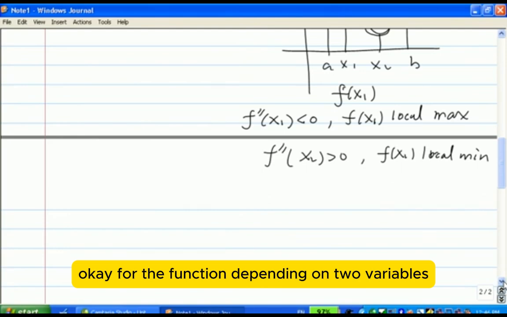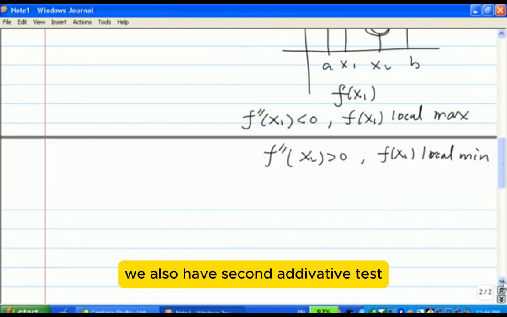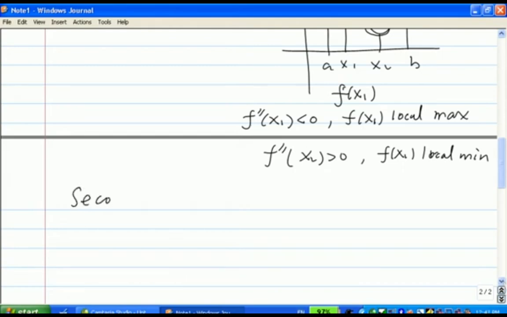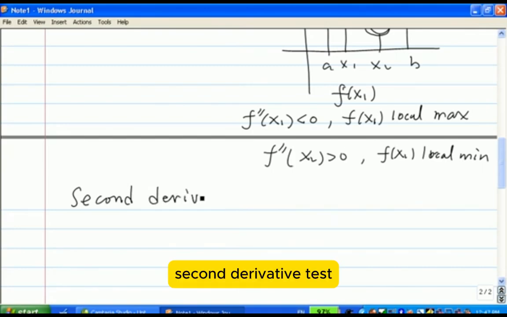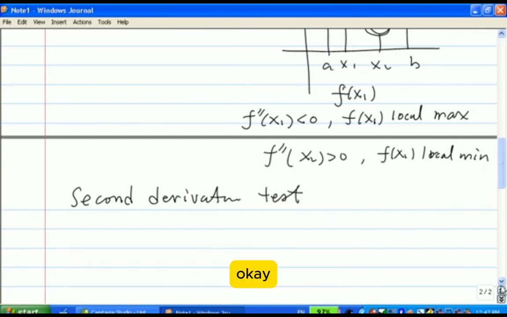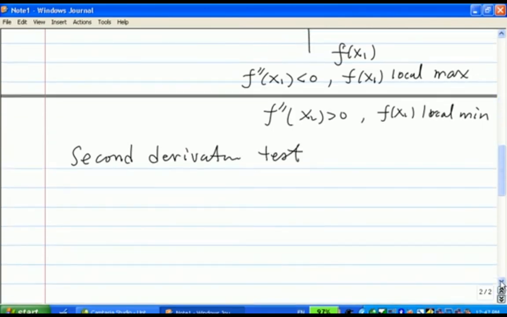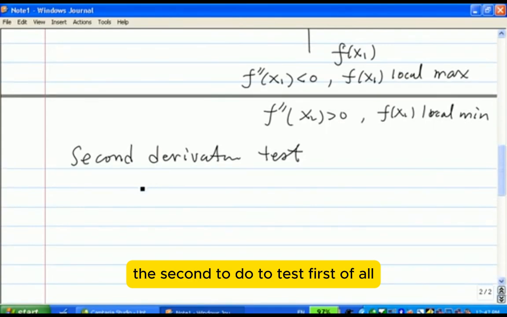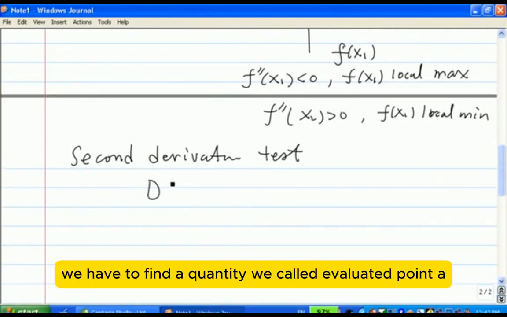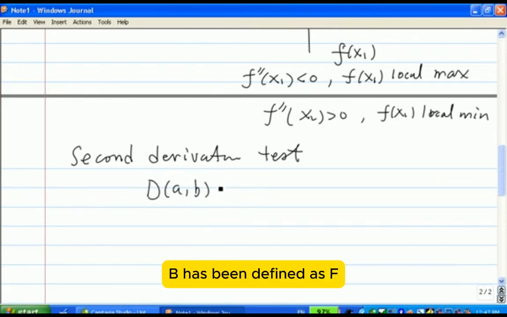Okay, for a function depending on two variables, we also have a second derivative test, but it's much more complicated. The second derivative test: first of all, we have to find a quantity we call D, evaluated at the point (a,b).